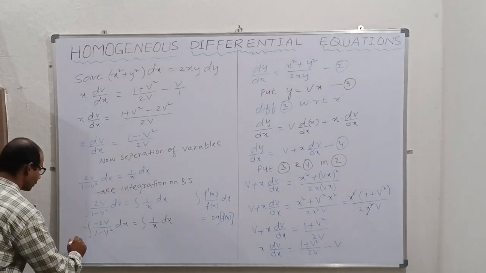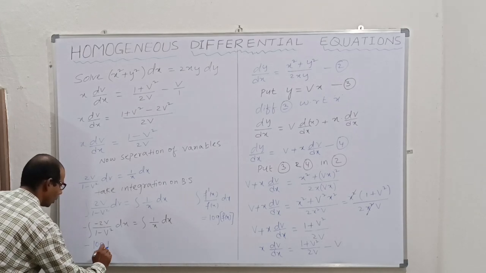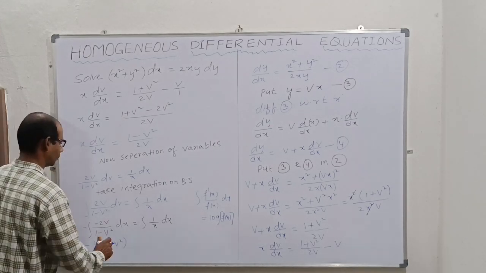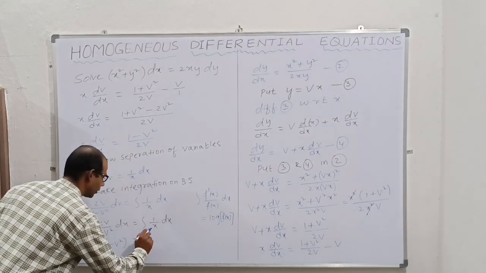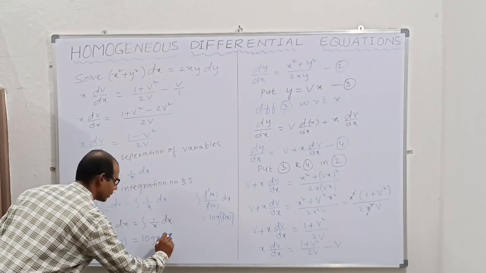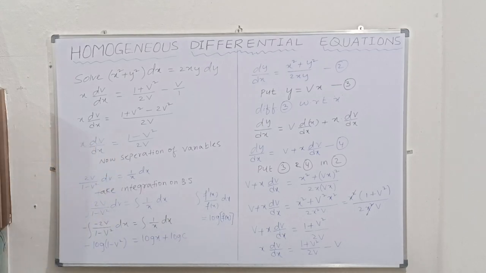So therefore minus log 1 minus v square is equal to integration of 1 upon x, log x plus log c, integration constant, right?